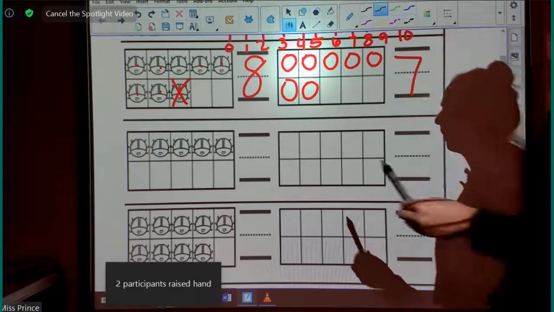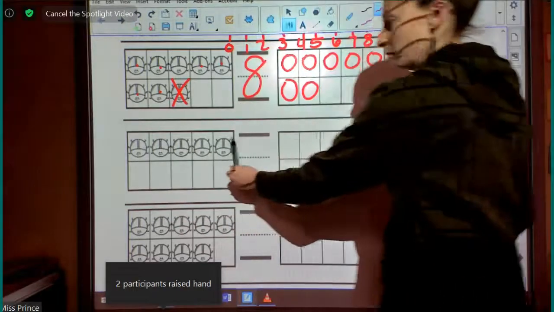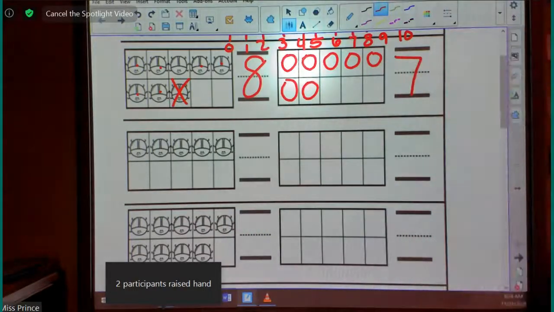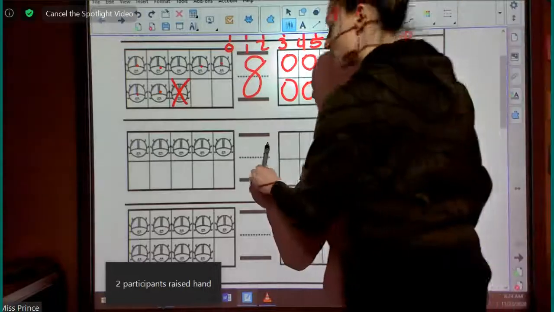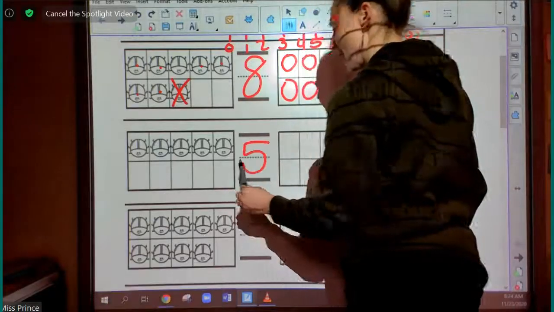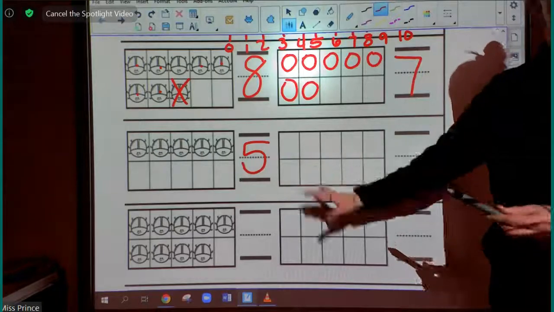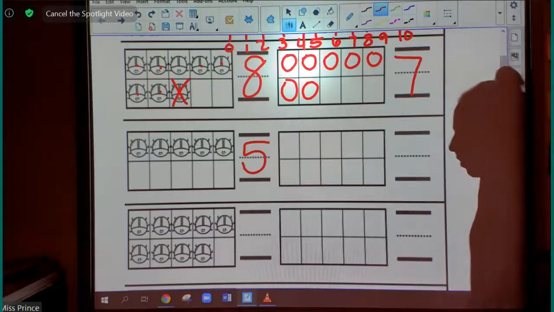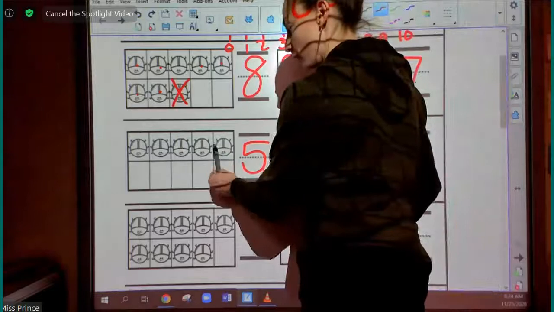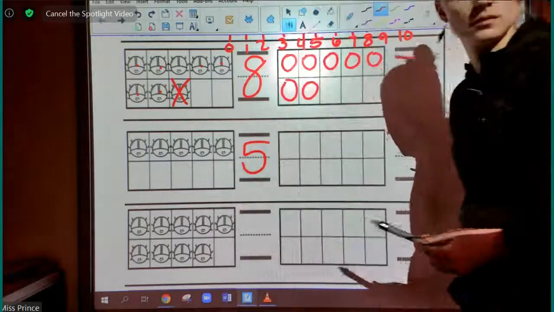Seven. Right here. Make sure we're following along. 5. Good job. So this first box, we're going to put 5. And over here, we're going to draw one fewer. So all we're doing is just getting rid of one of these bugs.